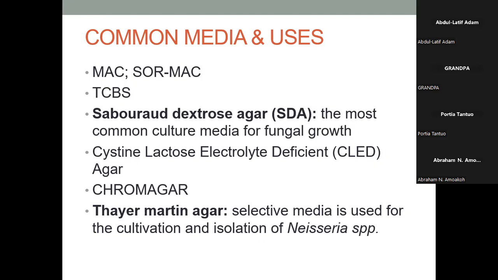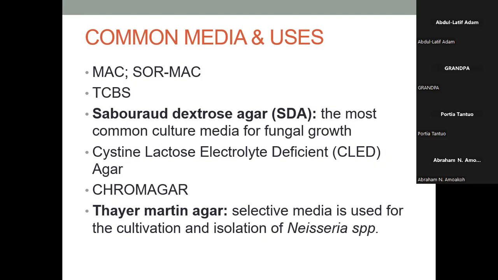If you don't have CLED, and you are using MacConkey, you must add blood agar. You must add it, as simple as that. If you are using CLED, you don't need to add blood agar because all the organisms in the urine, all that cause urinary tract infection, can grow on CLED.